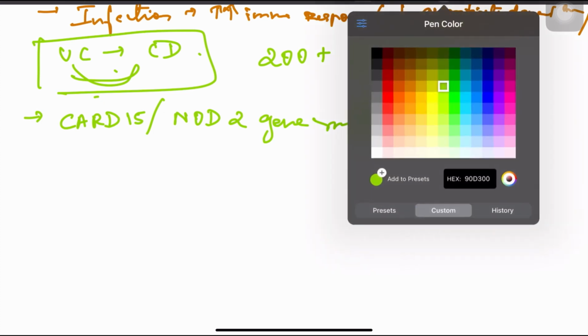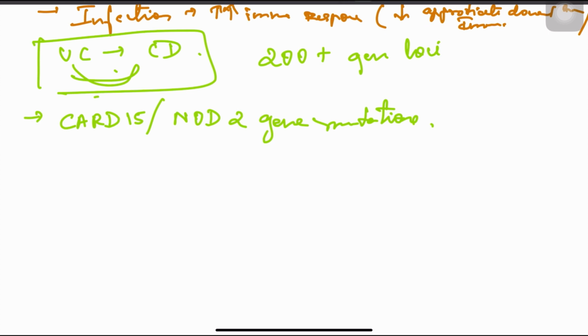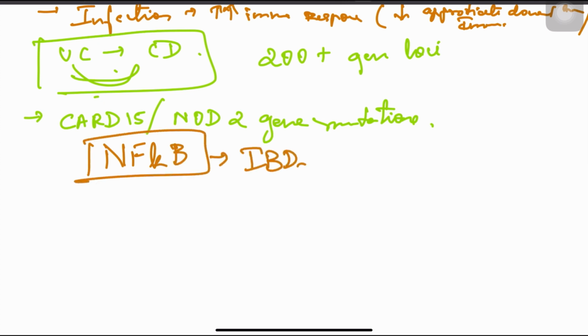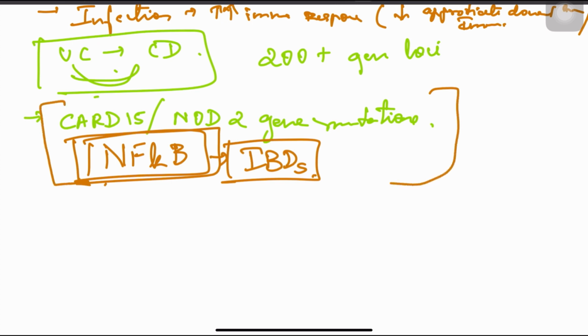You might have heard about the NFKB gene products, associated with these inflammatory bowel diseases, mostly Crohn's disease. It is required for the innate immune response to microbial pathogens and is expressed in monocytes and macrophages. So these gene mutations might have caused the IBDs. These are the results of studies.